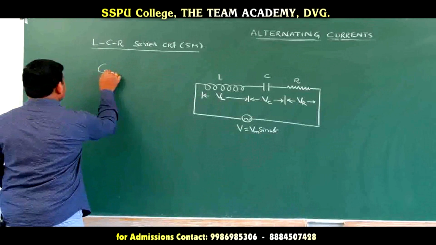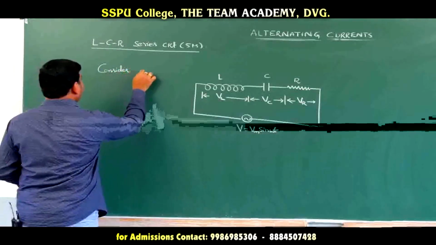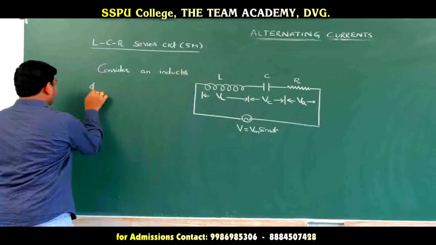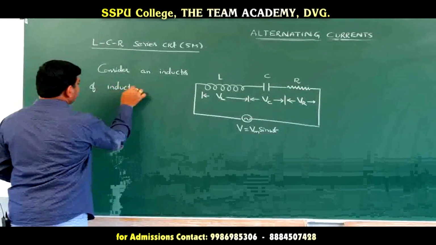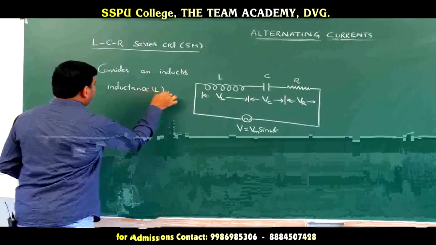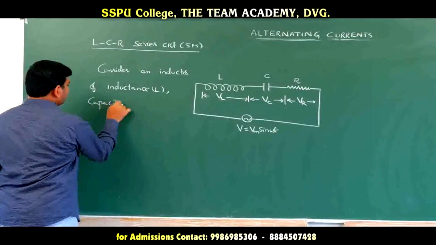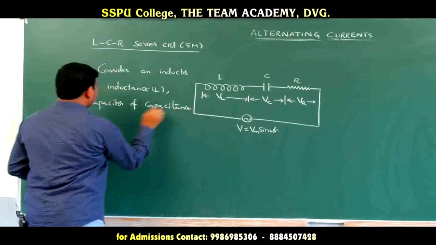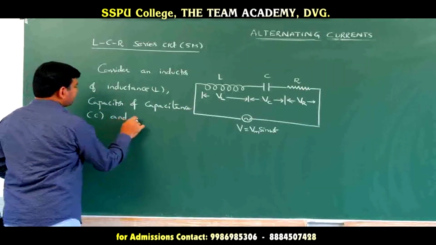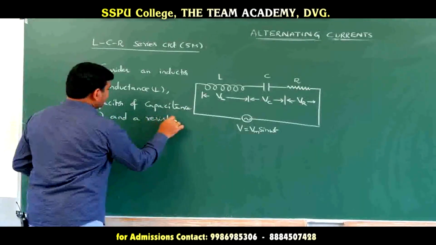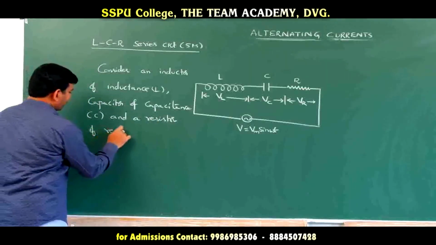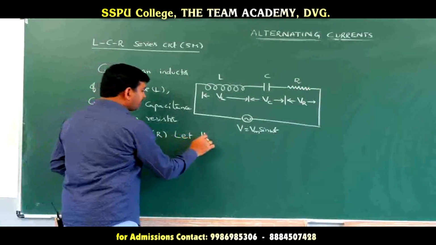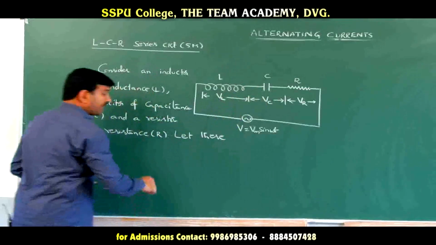Consider an inductor of inductance L, a capacitor of capacitance C and a resistor of resistance R. How are these three connected? They are connected in series.